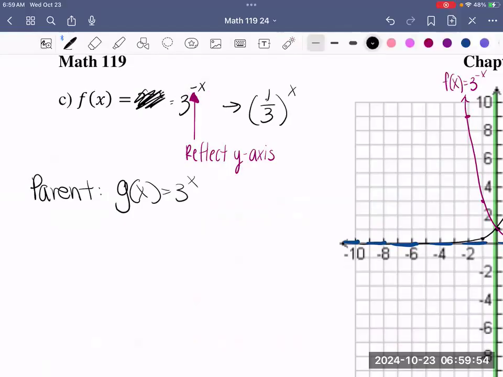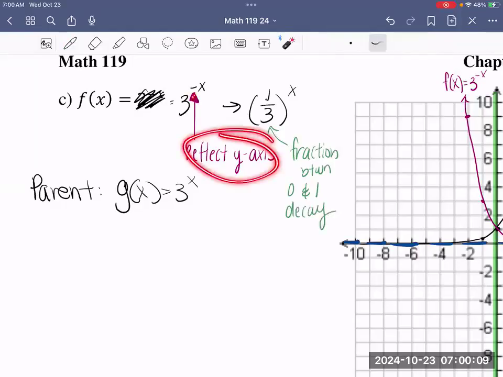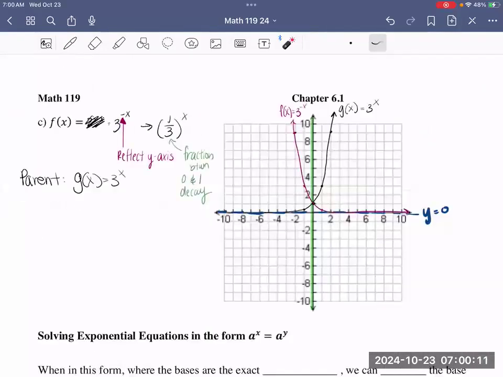So we can now see that your base here is a fractional base between 0 and 1. So it's a decay. Or you can take what you know about your reflections and transformations and go ahead and graph it.